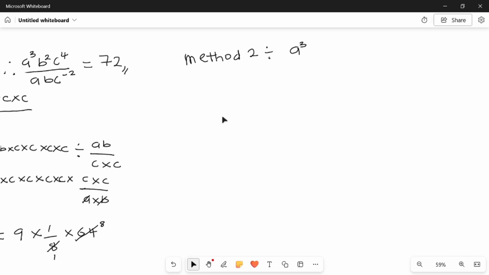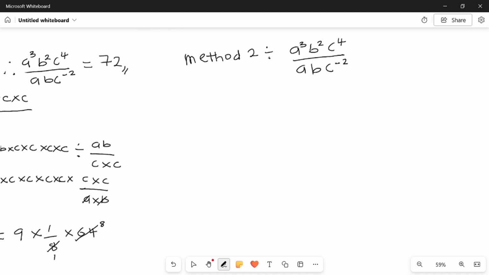Let me write the question. A raised to power 3, B raised to power 2, and C raised to power 4, all over A times B times C raised to power minus 2.